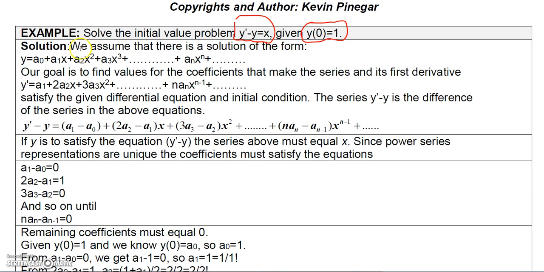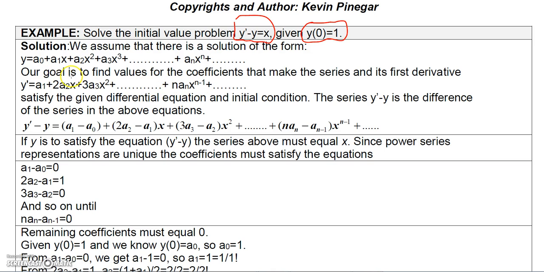Okay, now we're going to assume that there is a solution in polynomial form, so that y equals a constant plus a constant times x plus a constant times x squared plus a constant times x cubed, and so forth. Our goal is to find values for the coefficients that make the series and its first derivative satisfy the given differential equation and initial condition. If we took the first derivative of this, we would get a1 plus 2a2x plus 3a3x squared, and so forth, and the nth term would be n times a_n times x to the n minus 1.